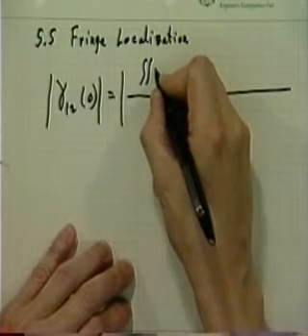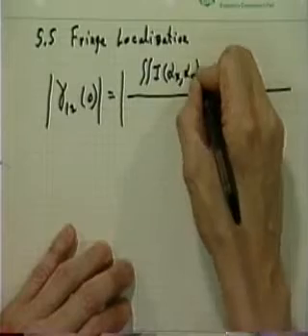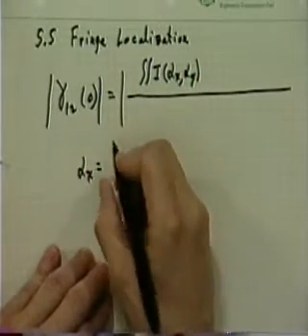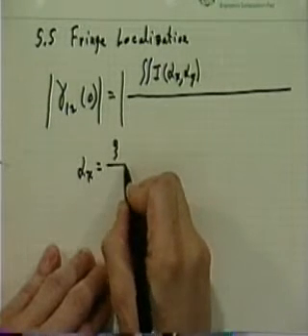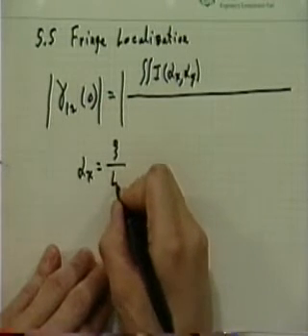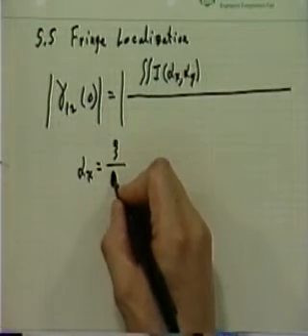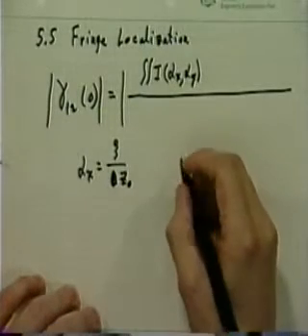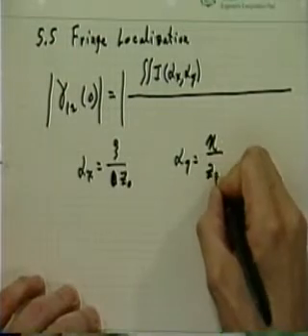So we'll just write this down again, the I, and I want to express it in alpha sub x and alpha sub y. So remember, alpha sub x is the source coordinate xi divided by z0, z0 being the distance, and alpha sub y will be eta over z0.